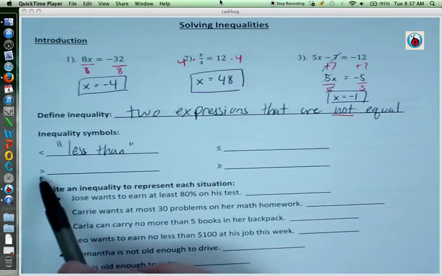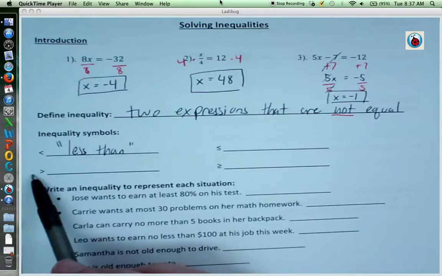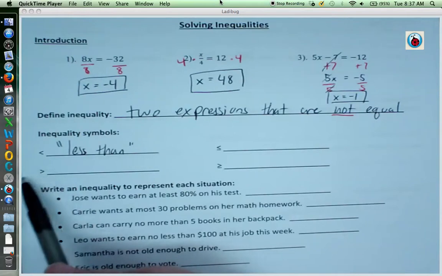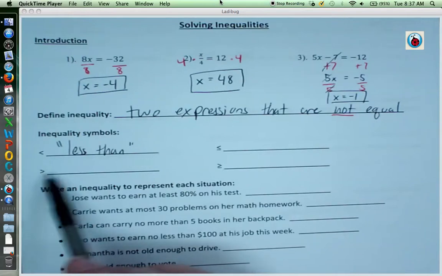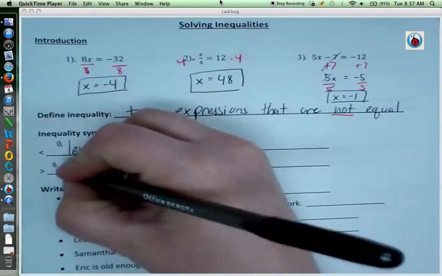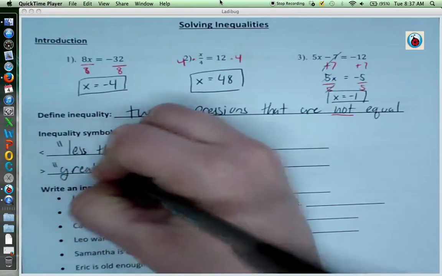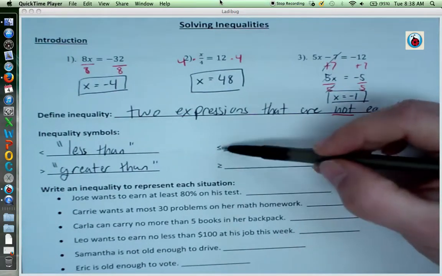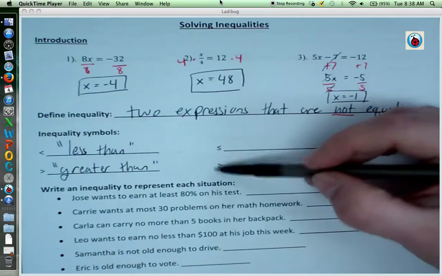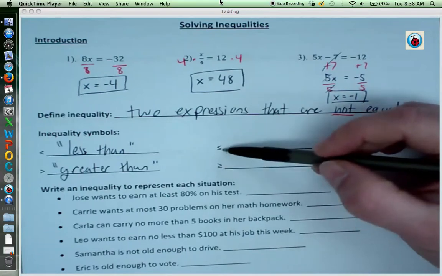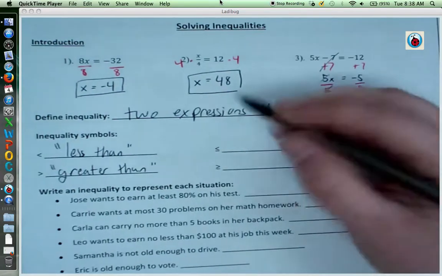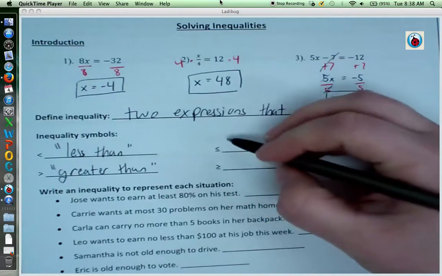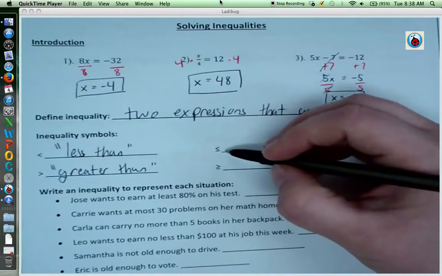This next symbol is another inequality symbol. This one shows that the left side is more than the right side, so I would say that this is greater than the right side. This is the greater than symbol. These 2 symbols are the same: we see a less than symbol and a greater than symbol, but they have one extra piece underneath. This extra piece underneath is one of the 2 lines of an equal sign.